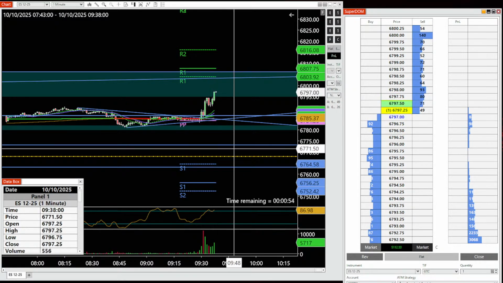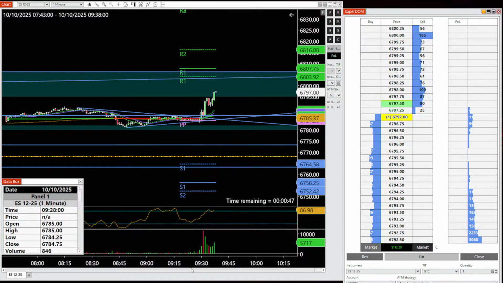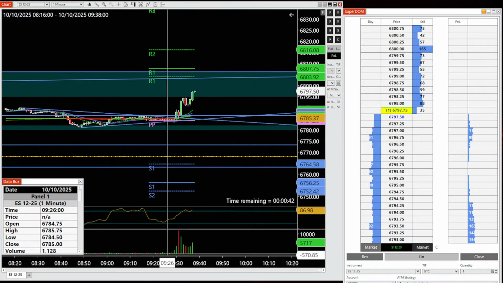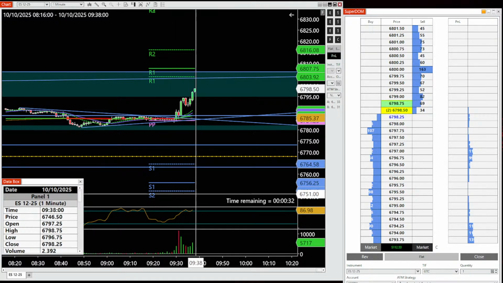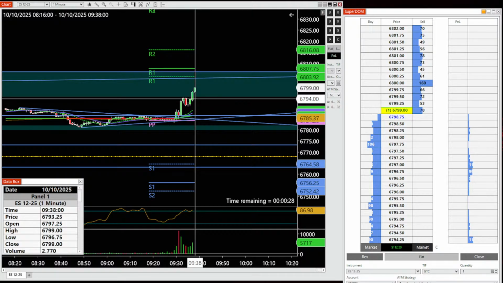Hey, I got asthma, so if I'm short of breath, pardon me. Didn't get too much pullback off. It broke the previous day's high.